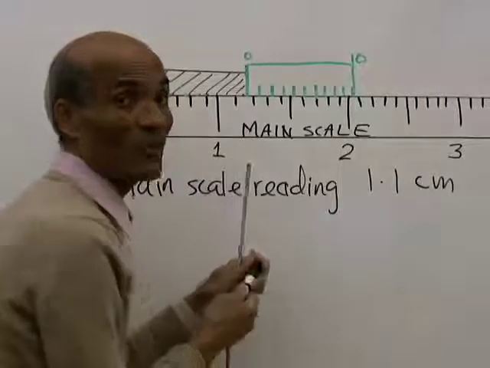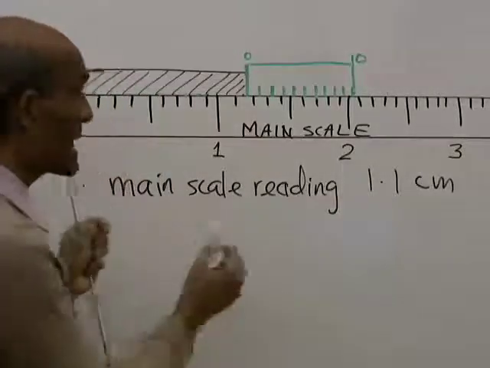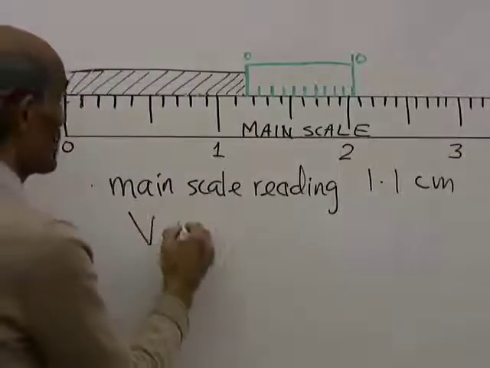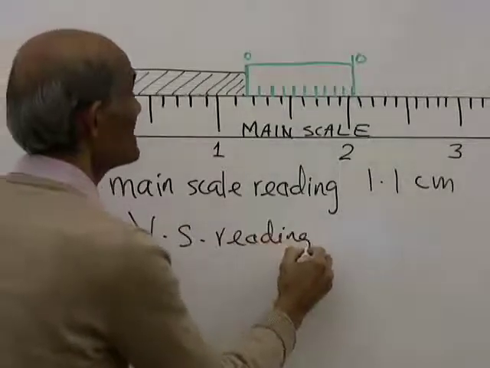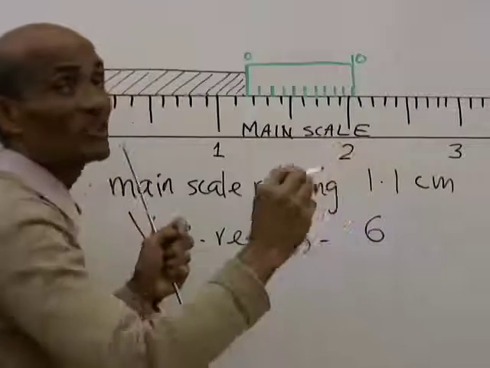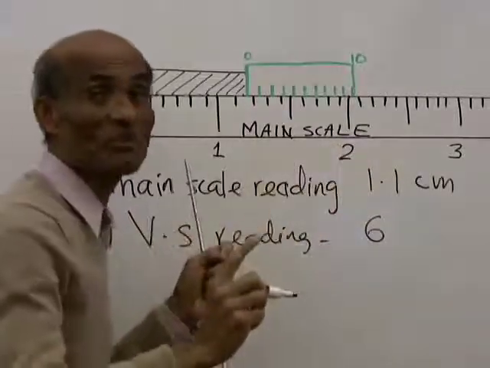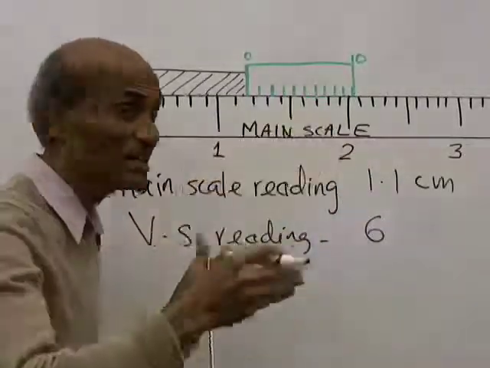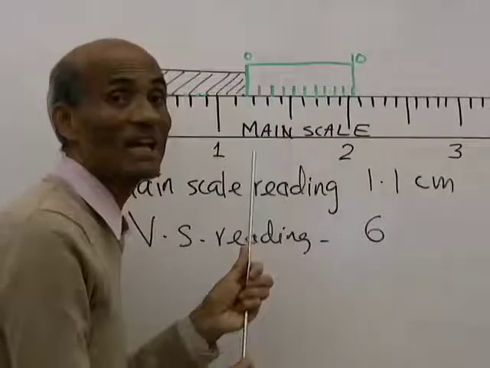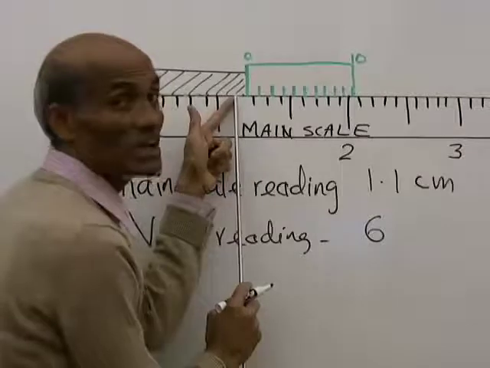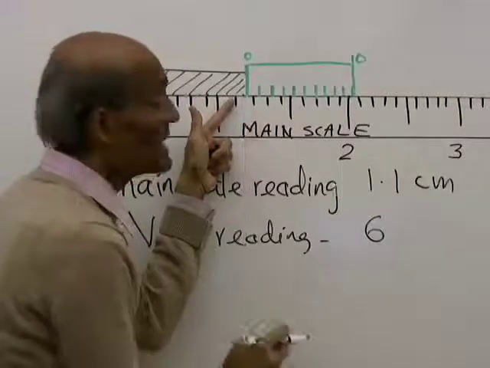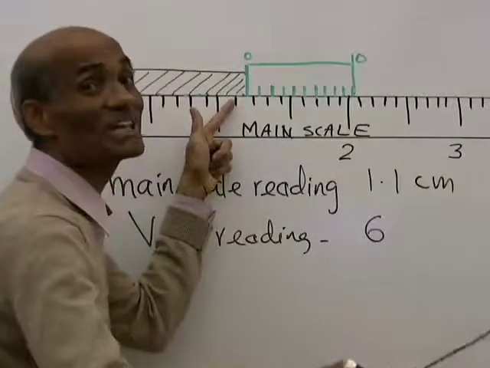And I'm going to call that the vernier scale reading. I'm going to write it like this. Vernier scale reading is 6. It means the 6th division of the vernier scale is exactly in line with a main scale division. That means this distance that has been pushed to the right is 6 times the least count.